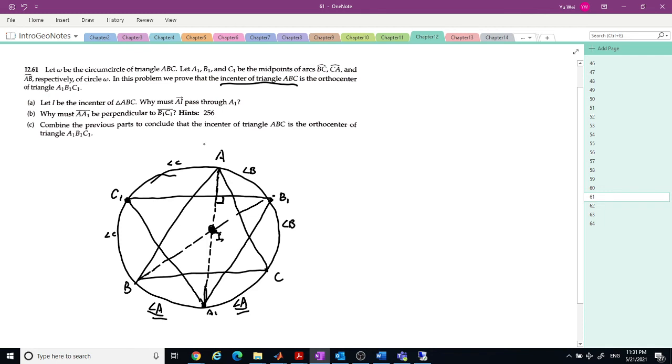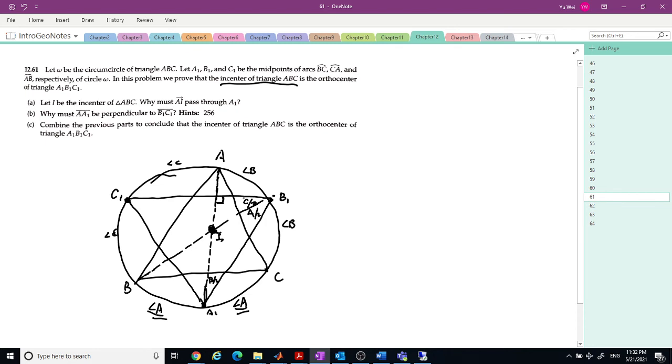Now let's see. So we can see angle C1B1B is subtended by the arc of angle C, right? So this is C over 2. A1B1B is the arc A, so this is A over 2. And A1B1 is the arc of AB, which is angle B, so this is B over 2, right?